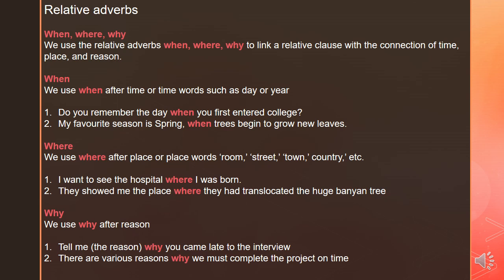Next, where. We use where after people, after place or place words like room, street, town, country, etc. I want to see the hospital where I was born.